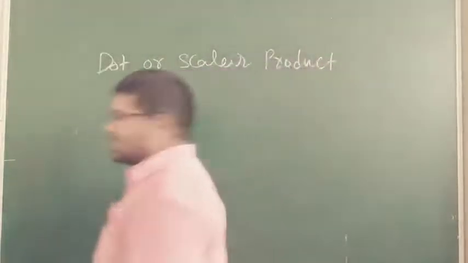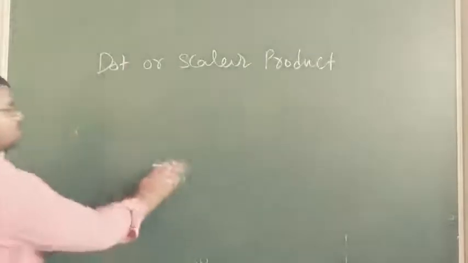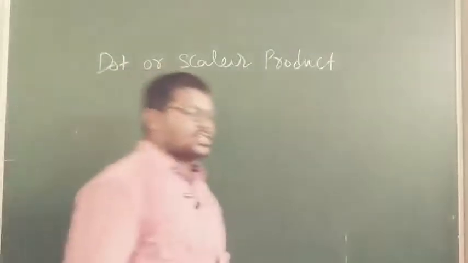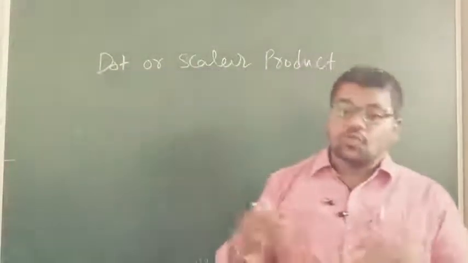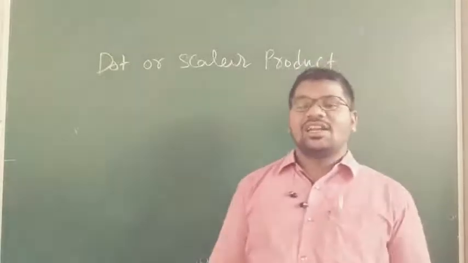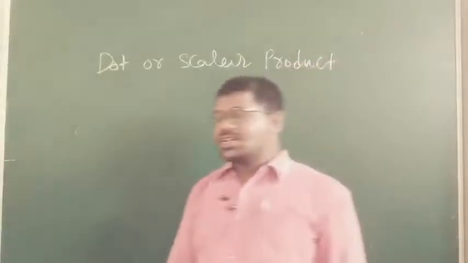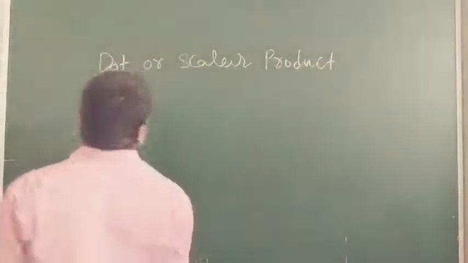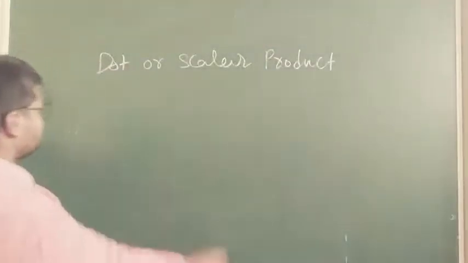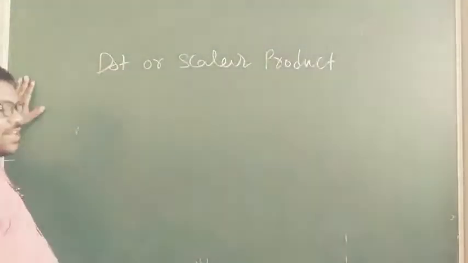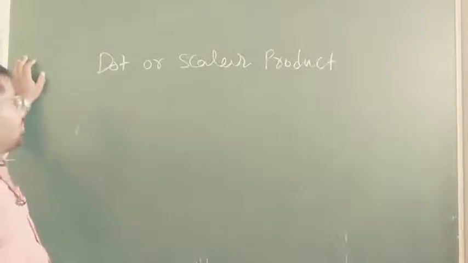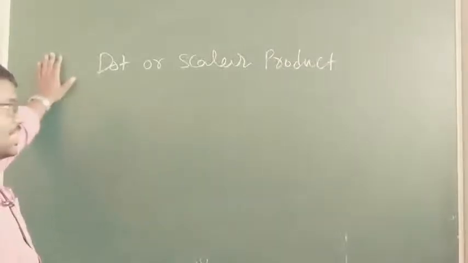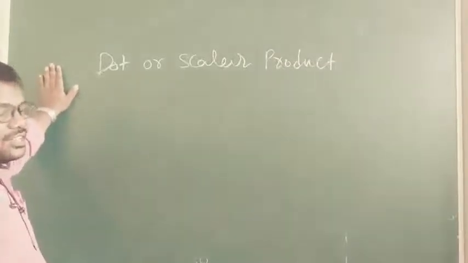We know that the product of two vectors whose resultant is a scalar is called a scalar product. So the product of vectors that is a scalar, we call the scalar or dot product.